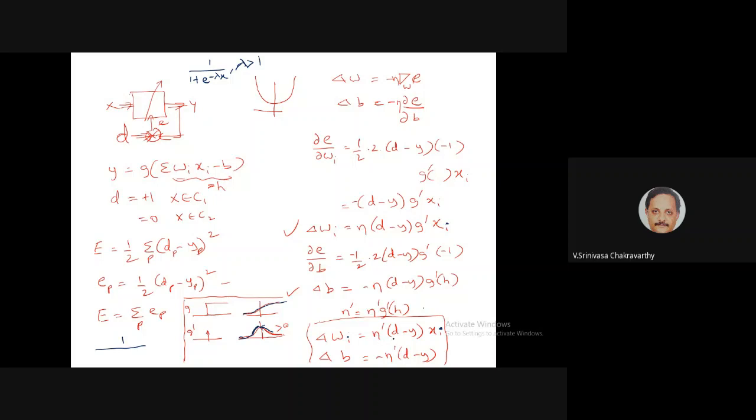Once you have the update rule, you can iterate it with a variable step size or a constant step size. It doesn't matter as long as the step size is small enough that the iteration doesn't become unstable. So I'll apply these arguments and say that eta prime is constant and a small number.